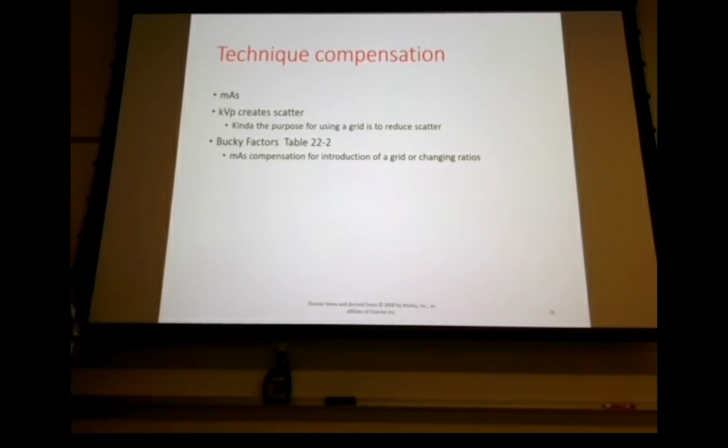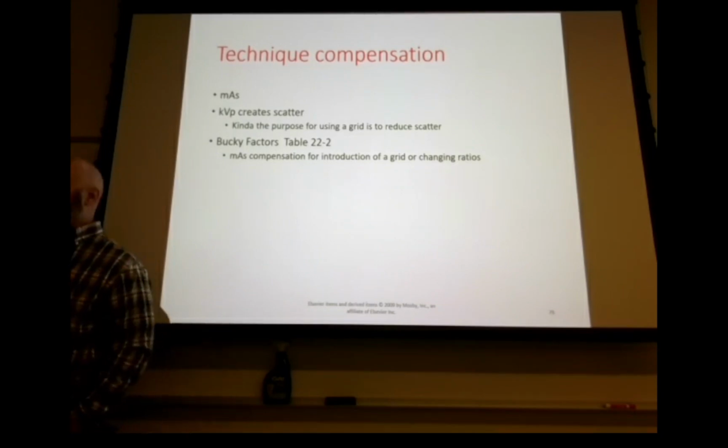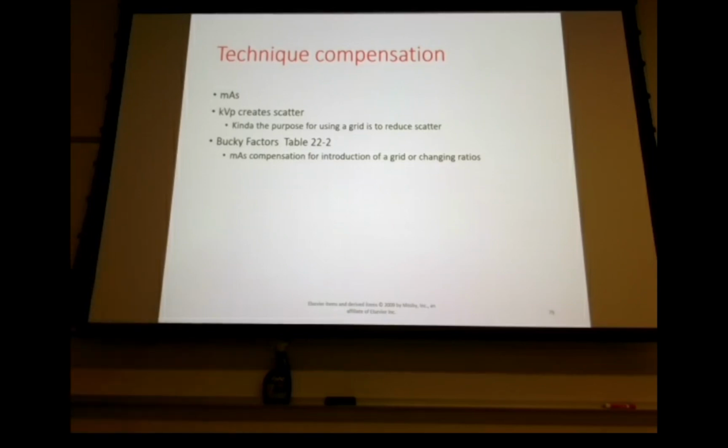So when you get to those, compensation for addition of grid or change in grid ratio, just look for that in the test. I don't want you to have to memorize each one of those, especially for each individual kVp level. So the takeaway from table 22.2 is that we have to compensate, right?